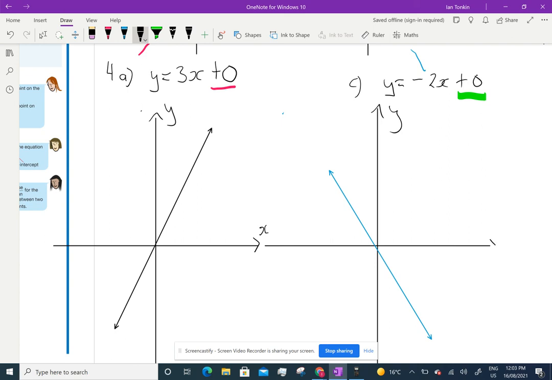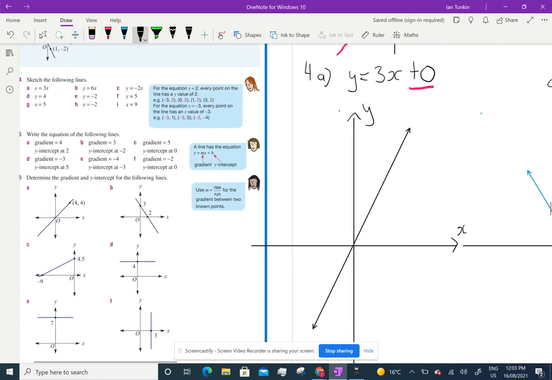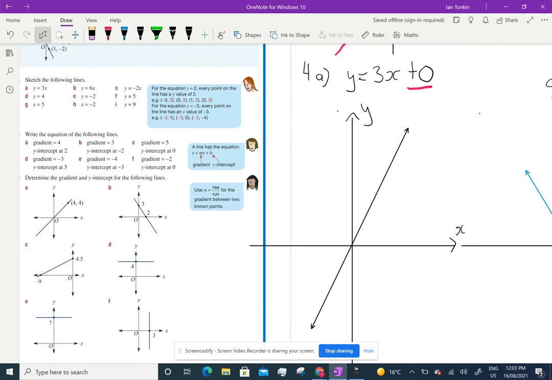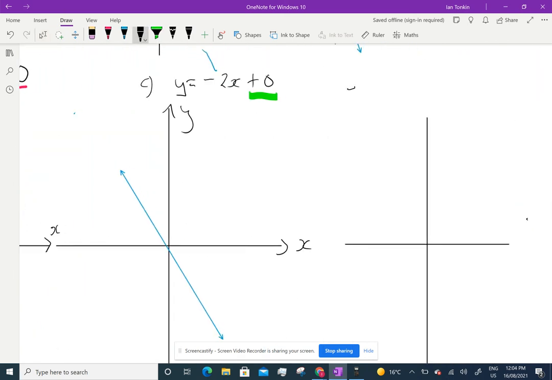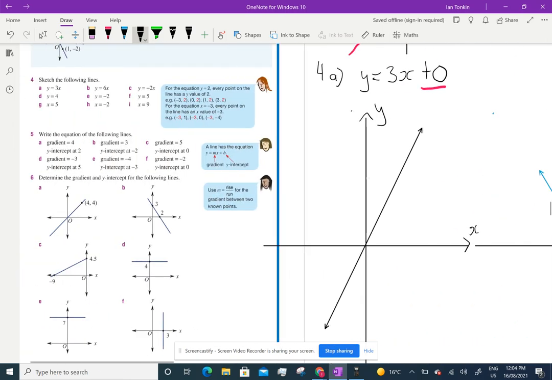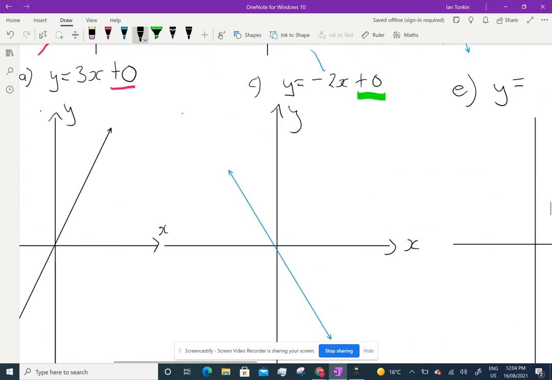Finally, I'm going to do two of these on the same graph. I'll do E and G. So I'm going to do E and G on here. E is y equals -2.